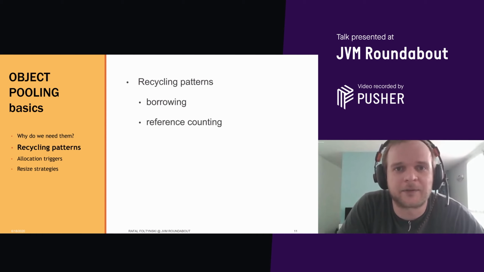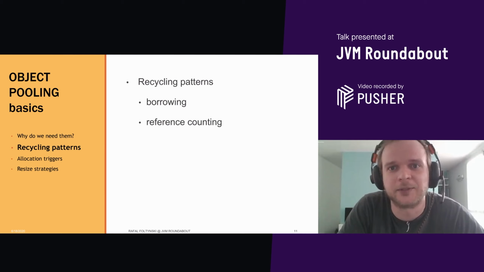The other one is reference counting, where you don't necessarily remove the object from the pool, but the pool itself keeps track of the reference count, how many borrowers actually borrowed a particular object. And the object can be borrowed, of course, once the reference count is 0. Once the object is borrowed, the reference count goes to 1.